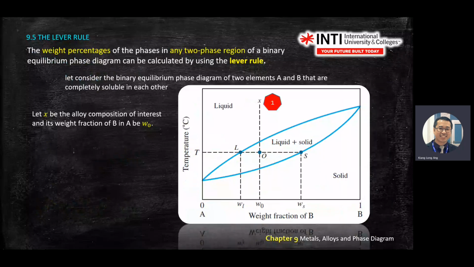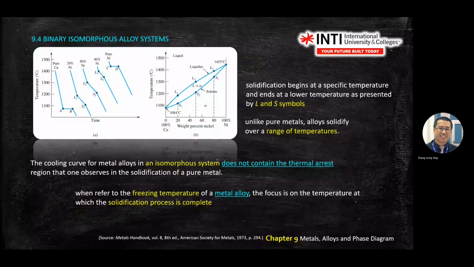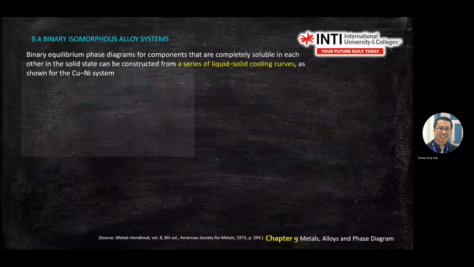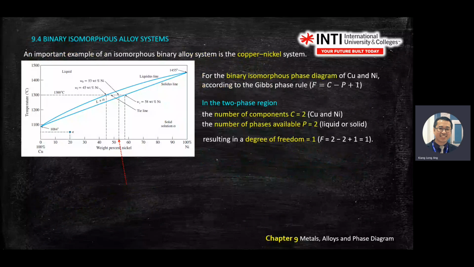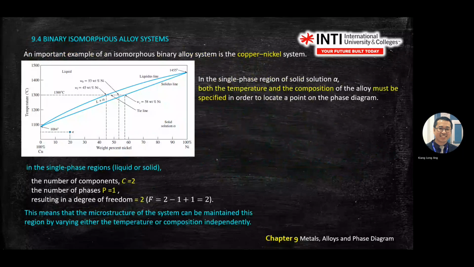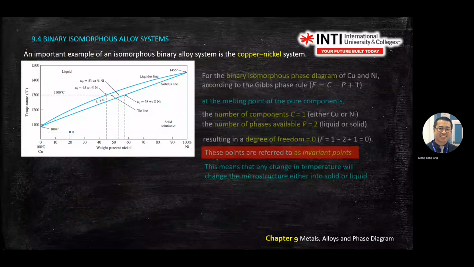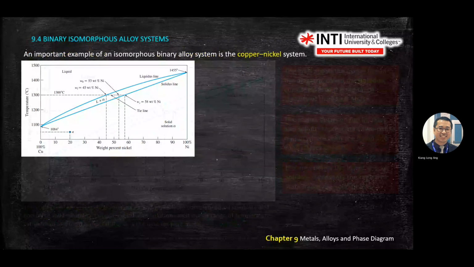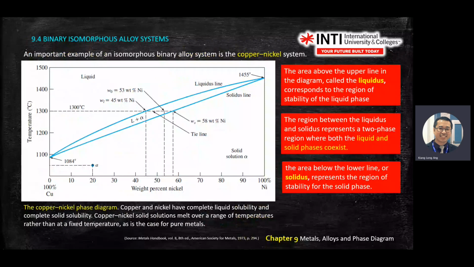I flip back to the previous slides. Make this one a bit bigger. Okay, so if you look at this graph, if I pick this point, at this point you will have 100% solid.